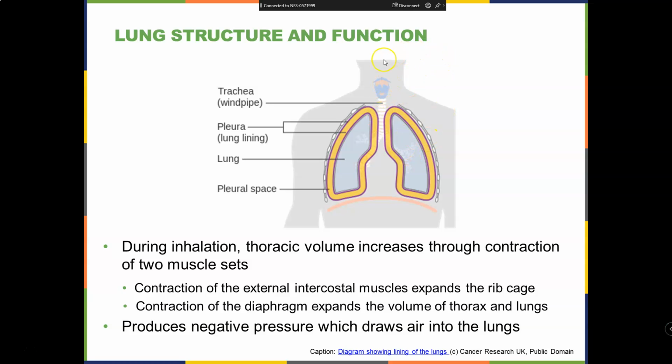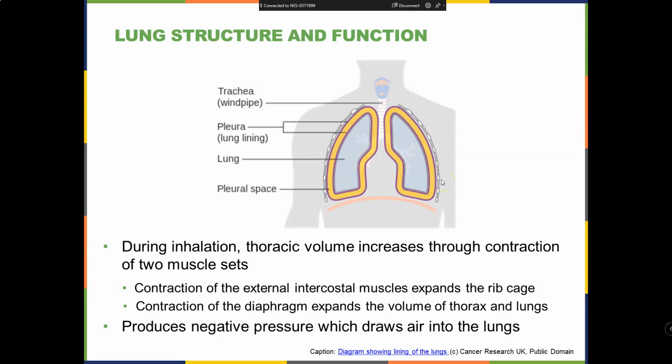And so what we do is we allow the volume to increase inside here by allowing air to go down the respiratory tree and into the lungs so that the lungs are allowed to expand if we apply a suction to it. How do we apply a suction? By pulling down on the diaphragm. This muscle is always arched upwards here. If it contracts, it wants to try and straighten out, which effectively pulls the floor of the thoracic cavity down, increasing the volume. At the same time, you contract muscles right here to lift your rib cage.